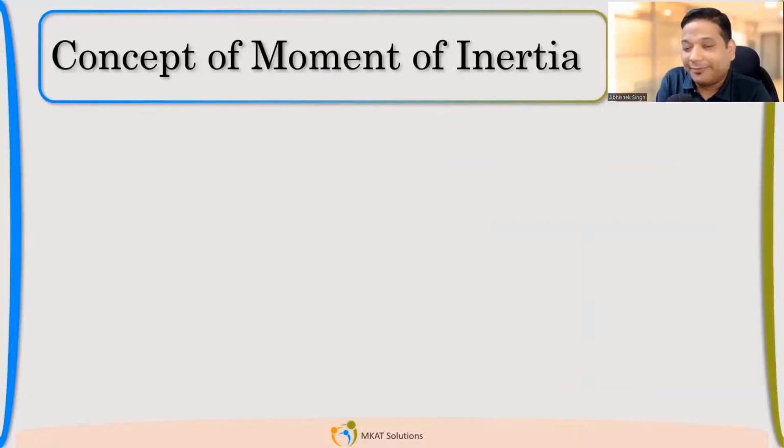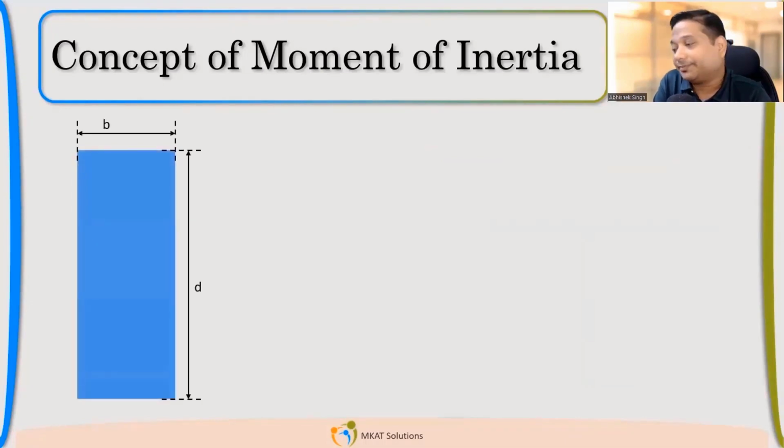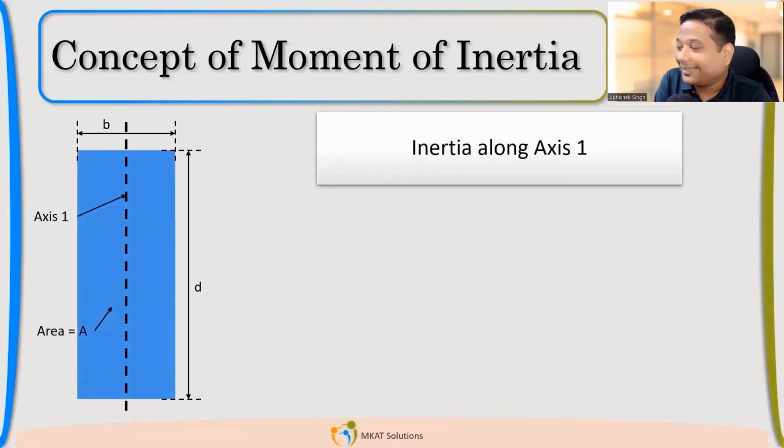Now let us make it very simple. How do we calculate moment of inertia? If this is my rectangular part, what will be my moment of inertia? BD cubed by 12. First, we need to know the axis along which I'm talking about, right? Unless we know the axis, how can you tell what my moment of inertia will be? Because it's always related to the axis. Let us take this axis. Now, can you tell me what will be my moment of inertia about this axis? dB cubed by 12, right?